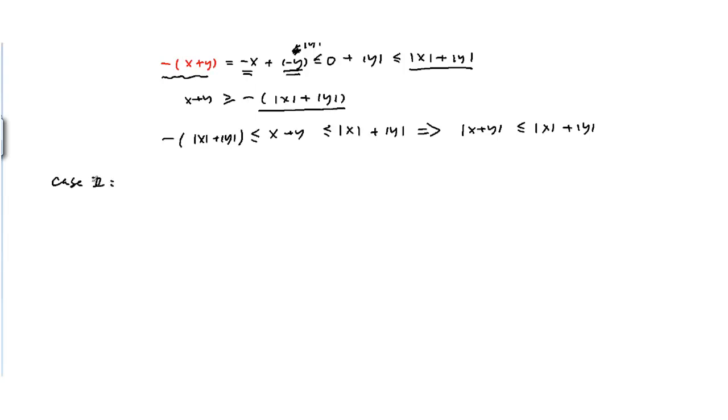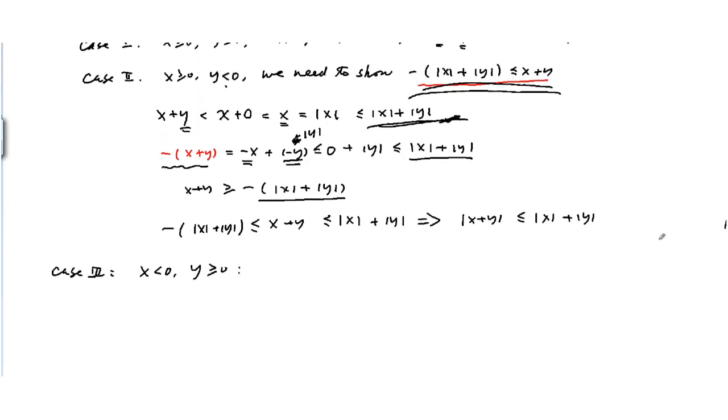And then case 3, that will be x is less than 0, y is greater than or equal to 0. Just now in case 2, we had x greater than or equal to 0 and y less than 0. Now you switch. By switching, we can make a substitution to take advantage of case 2. Let capital X equal y and capital Y equal x, and then apply case 2.